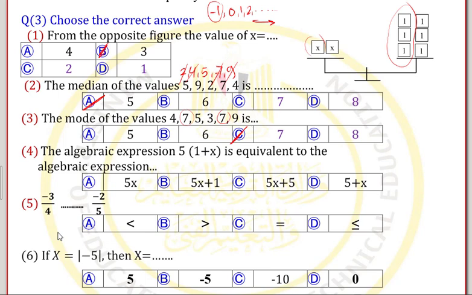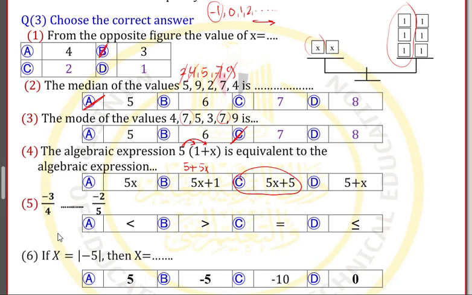The algebraic expression 5 times (1 plus x) is equivalent to which algebraic expression? You can solve this question by multiplying 5 by 1 first and 5 by x. So 5 by 1 is 5, plus 5 by x is 5x. So which one?